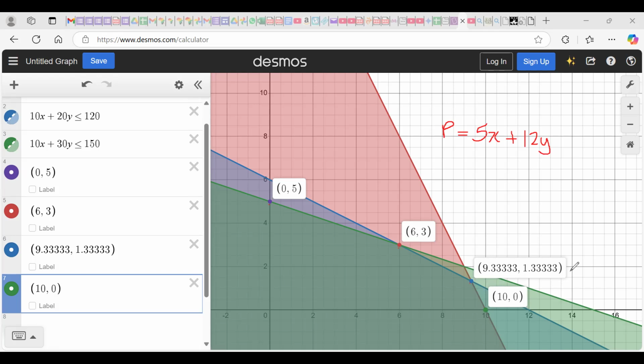How are you going to sell that? Nor can you sell 1 and one third. So try them in your P function here and tell me which one will give us the maximum. Y'all are with me? Try it.